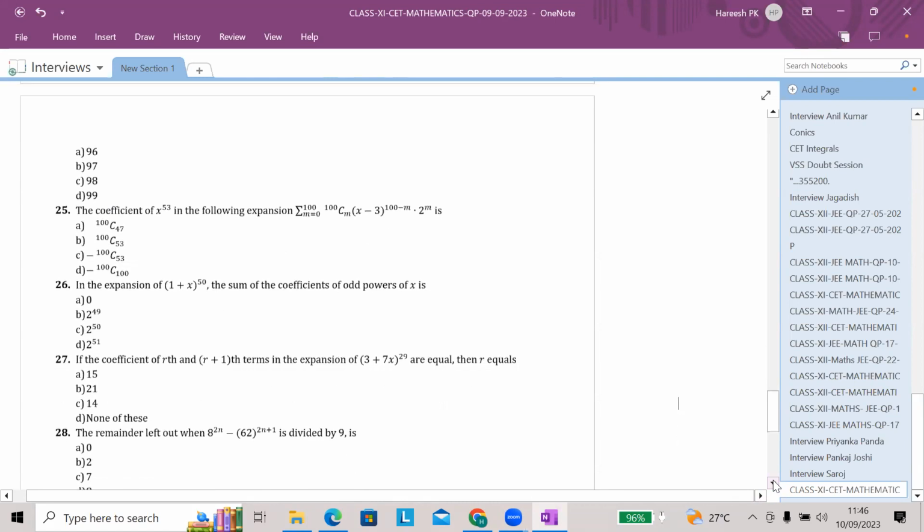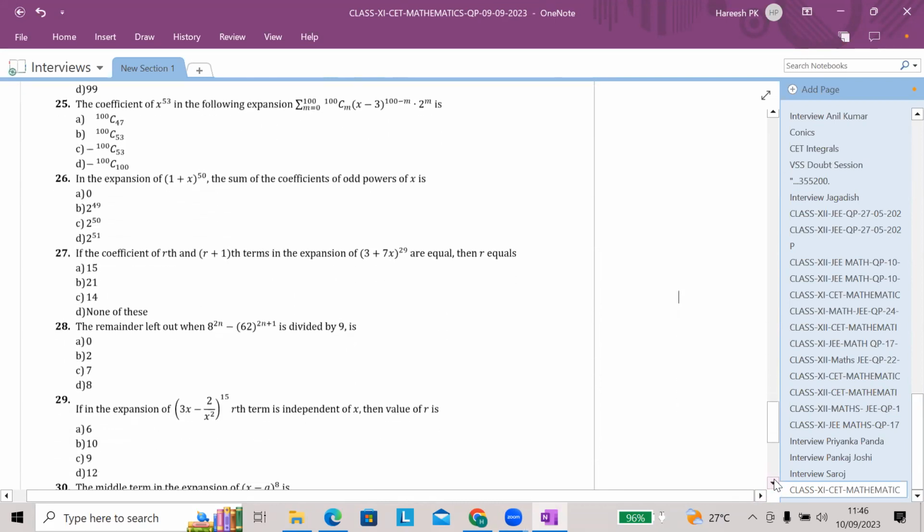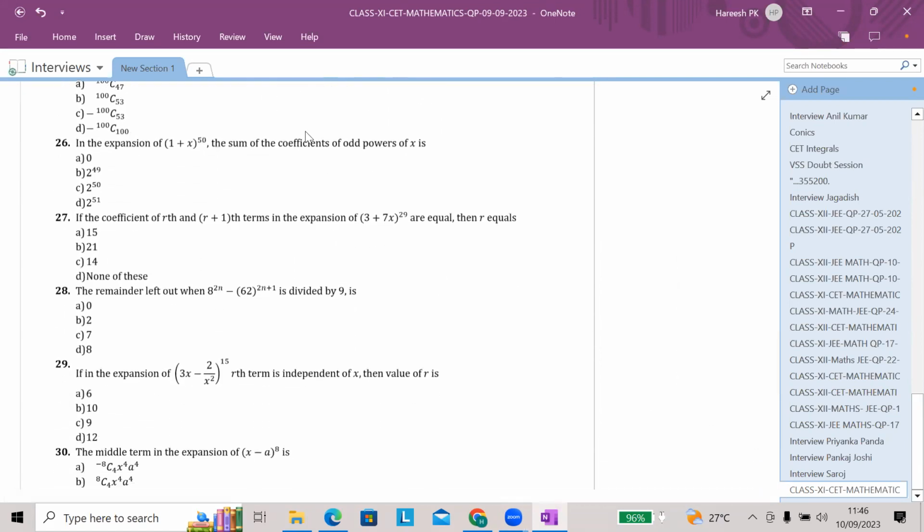The coefficients of the rth and r plus 1th terms in this expansion are equal. So the rth term coefficient is 29Cr minus 1, 3 to the power 29 minus of r minus 1 into 7 power r minus 1. That is the coefficient.